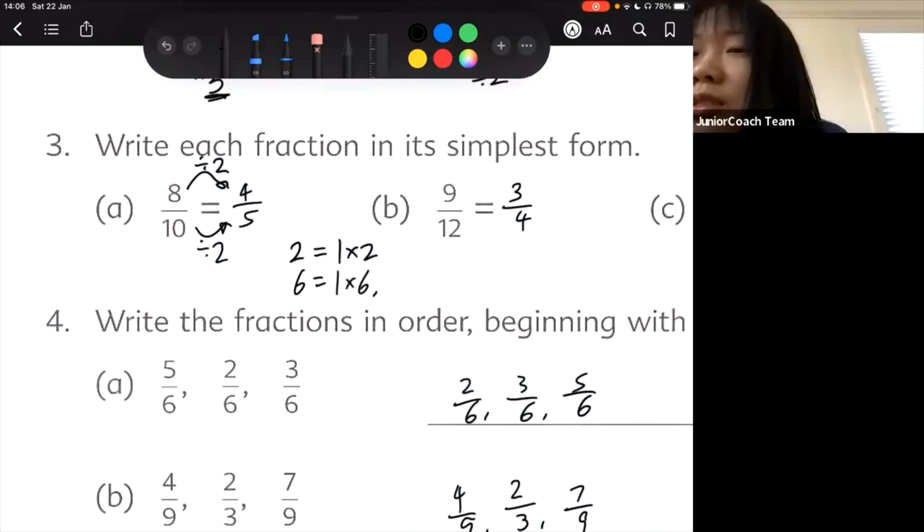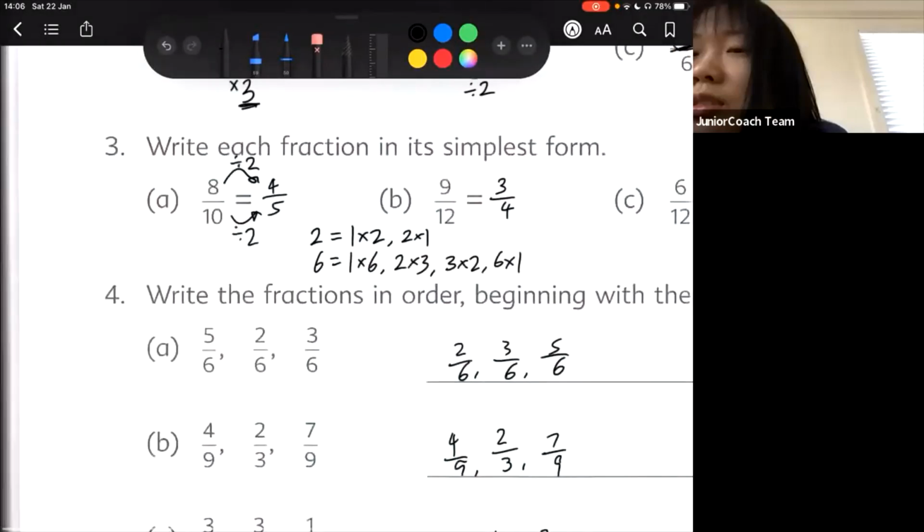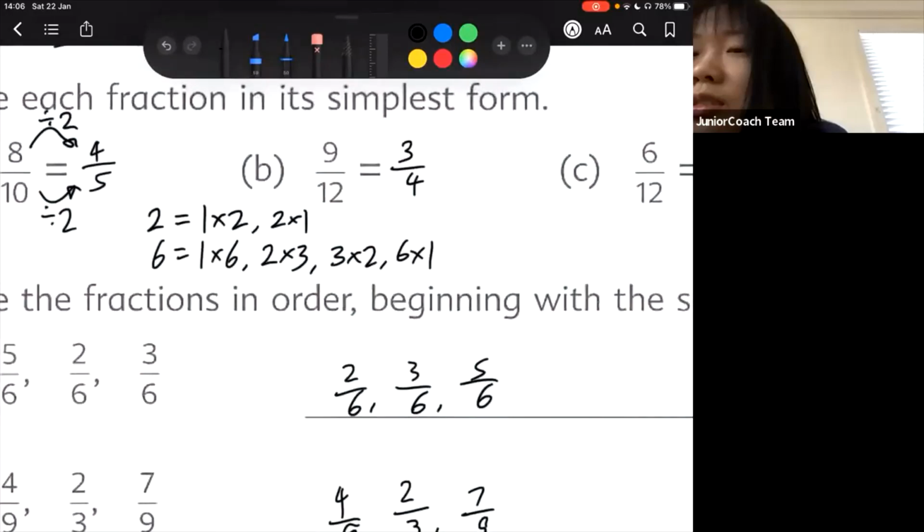This number 2 can also be 2 times 1. It's 1 times 6, or it's 2 times 3, or it's 3 times 2, and it is 6 times 1, right? So here, for the number 2, our factors of 2 are 1 and 2.